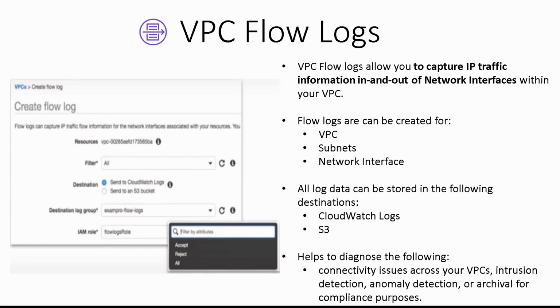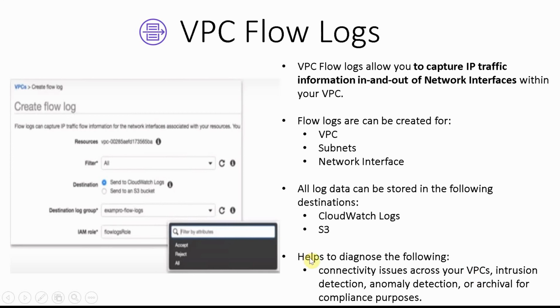This is one tool that will be very handy, where this will primarily help capture the IP traffic information going in and out of the VPC. A very common problem is connectivity issues. I send the data and it has not reached. Where is it? Why is there a delay? All these common questions will come up in real time. So generally the cloud engineer will look at these VPC flow logs to get more details.